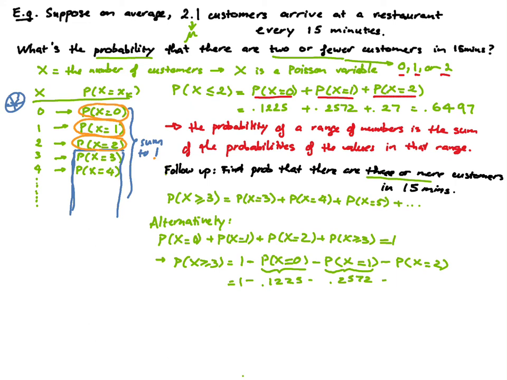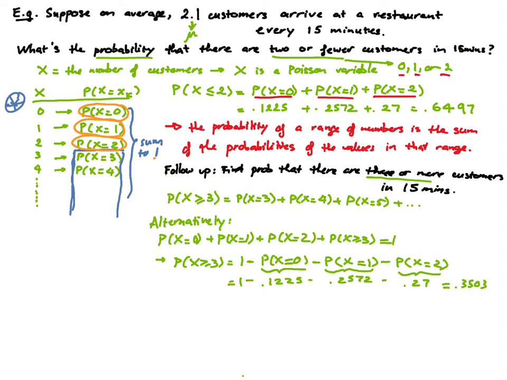And then we know the probability that x is 2 is 0.27. And so if you do the math, you're going to get 0.3503 as the probability that we have 3 or more customers in 15 minutes.